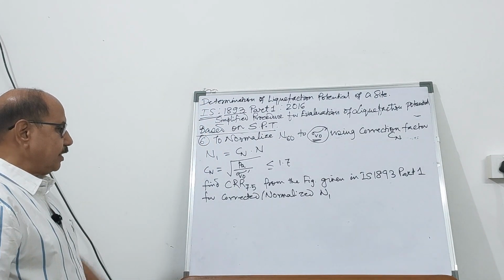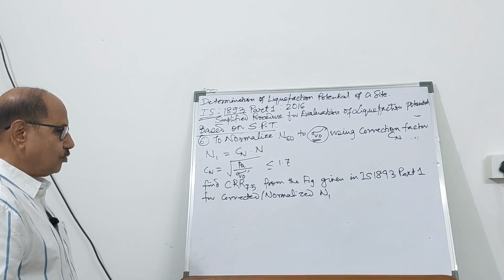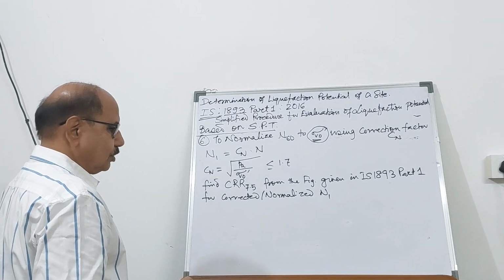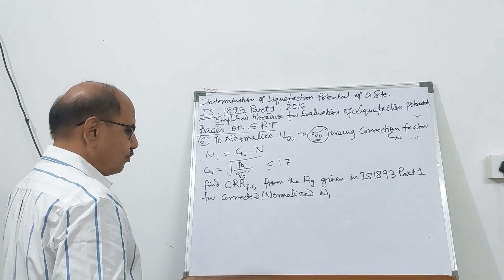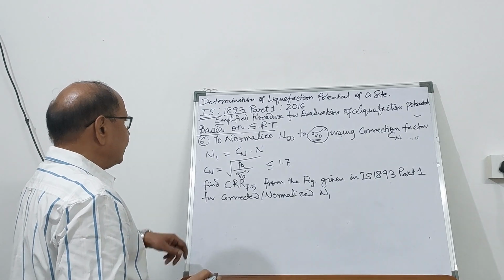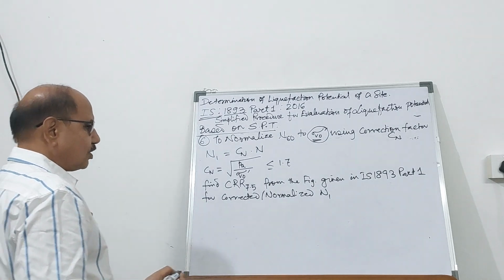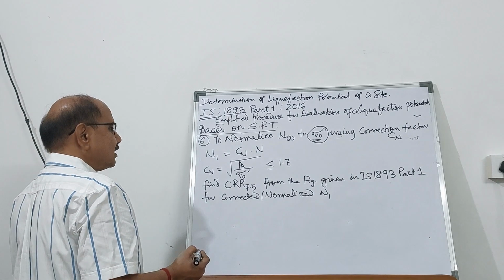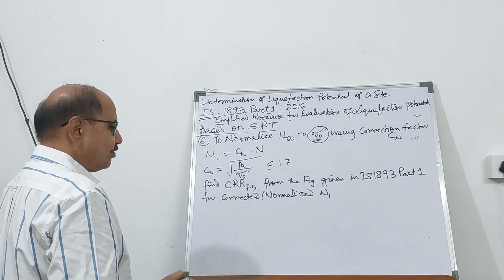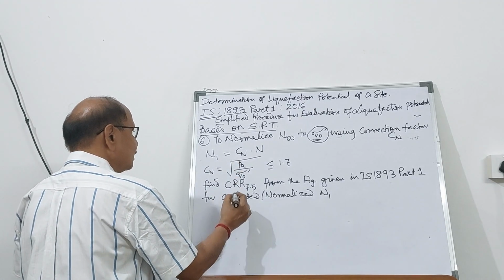So you have calculated N1 and therefore you can find out the value of CRR 7.5. So you can obtain it very easily from the figure, and then if you substitute it in the expression CRR equal to CRR 7.5 into MSF into K sigma into K alpha, you can get the value of CRR.